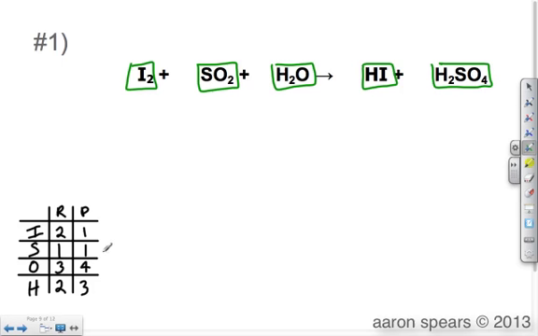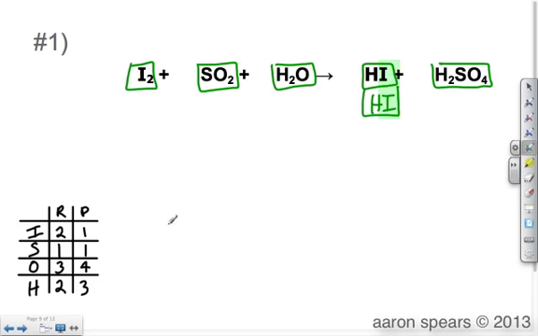Starting with iodine, I notice that I have 2 iodines on the reactant side, 1 on the product side. So I need to get 1 more iodine atom on the product side. I look at the boxes on the product side, and there's only one box that contains iodine atoms, and that's a hydroiodic acid box. So I'm going to add 1 more HI molecule to this side.